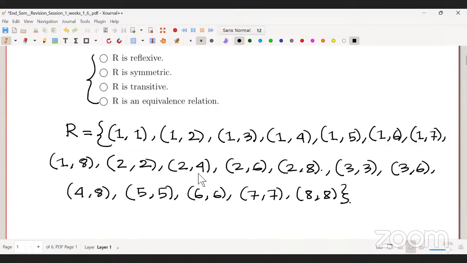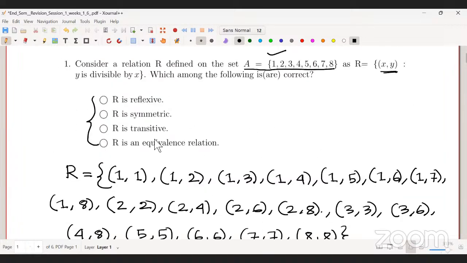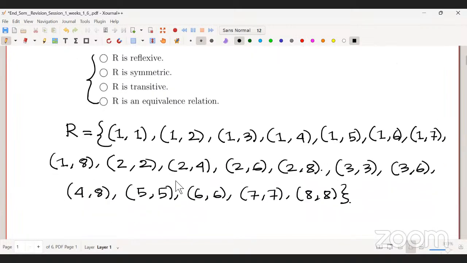Now I just need to check whether R satisfies the properties. What are the options that I can say R satisfies? First, let me start with reflexive, whether this relation is reflexive.